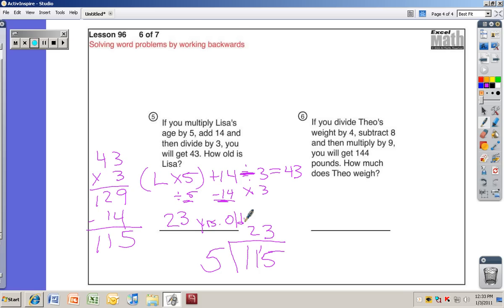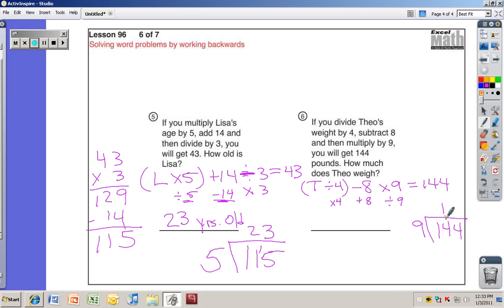Okay, if you divide Theo's, hey, there's Theo on there, all right. You divide Theo's weight by 4, subtract 8, and then multiply by 9, you will get 144. So we're going to divide by 9, we're going to add 8, and we're going to multiply by 4. So 144 divided by 9 is my first step. 144 divided by 9. 9 goes into 14 one time.